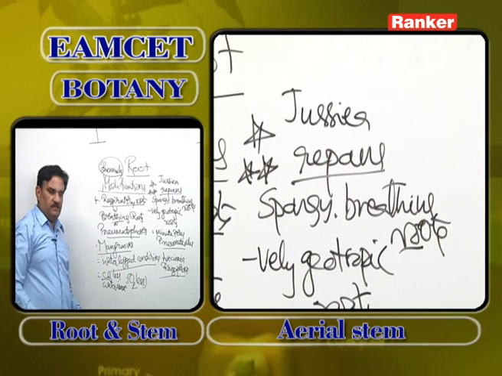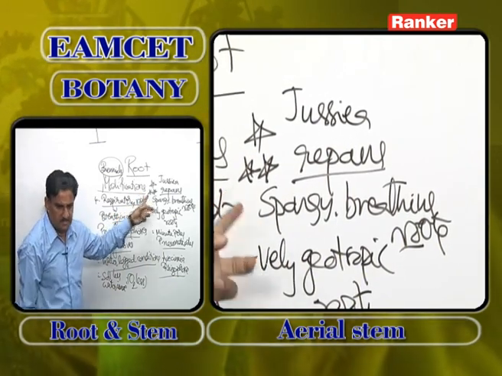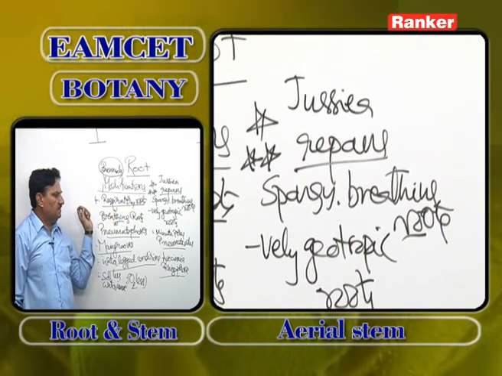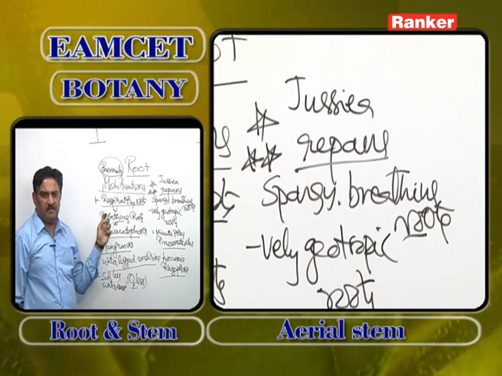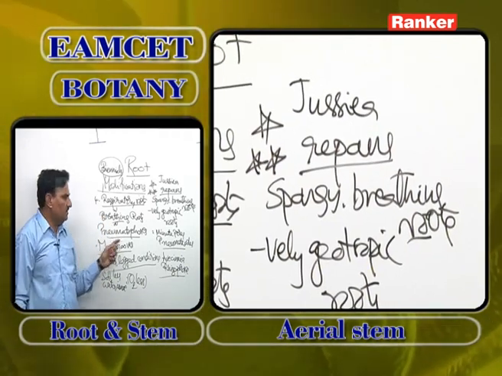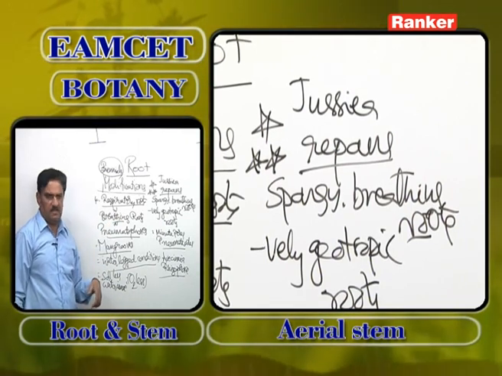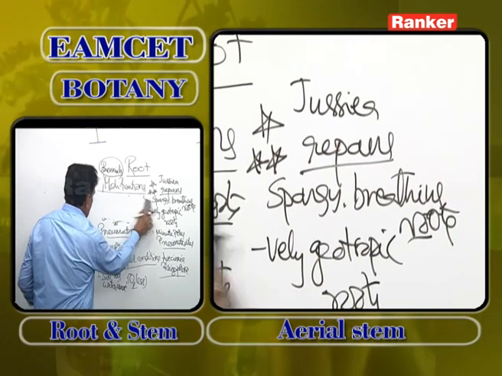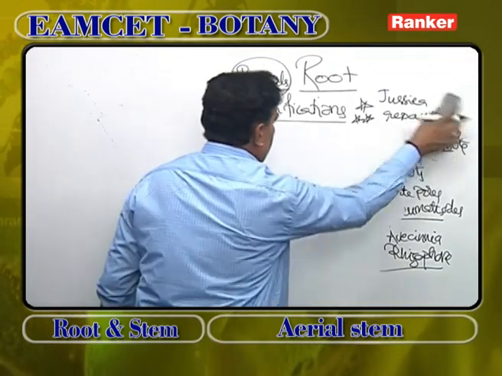In addition to normal adventitious roots, this plant also shows special spongy breathing roots. So, name an aquatic plant with both adventitious normal roots and special spongy breathing roots: it is Jussiaea repens. This is about the fourth special type of root modification, that is respiratory roots.